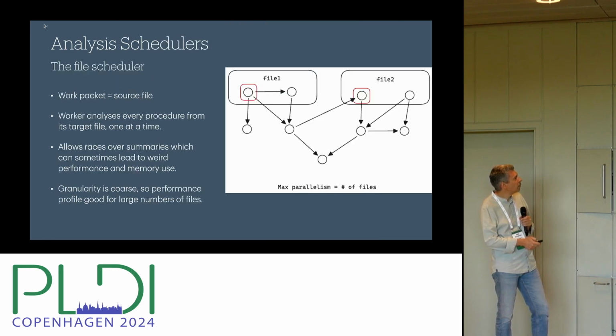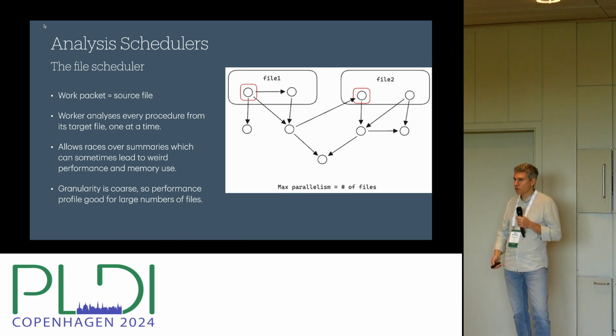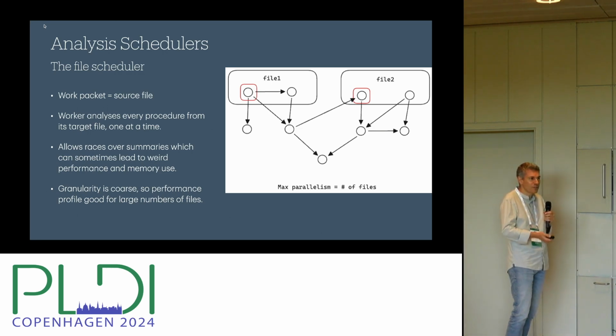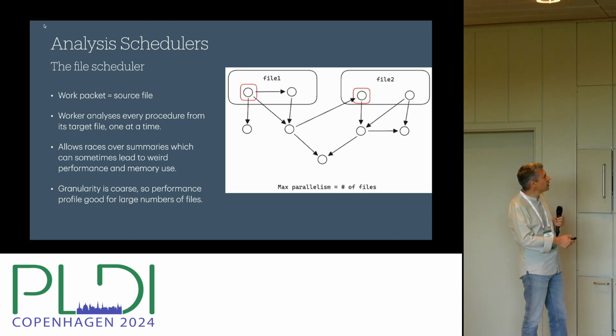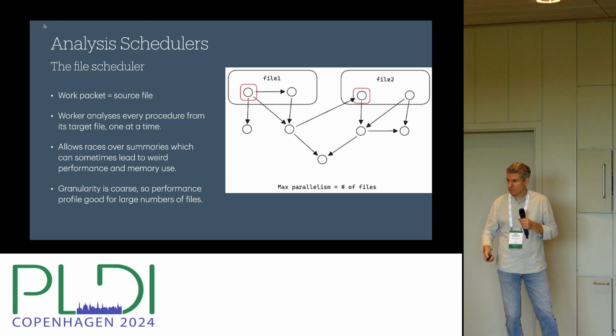So the file scheduler was the first scheduler that ever existed, and in fact it wasn't even called a scheduler back then, because it was just the way it was done. It essentially takes as a work packet every source file in the set of files to analyze.